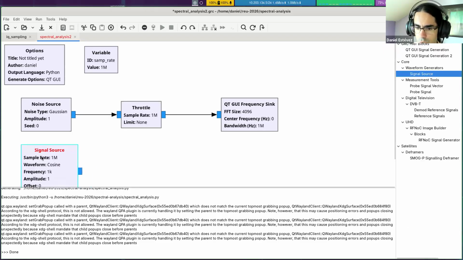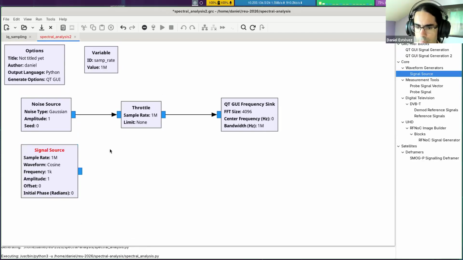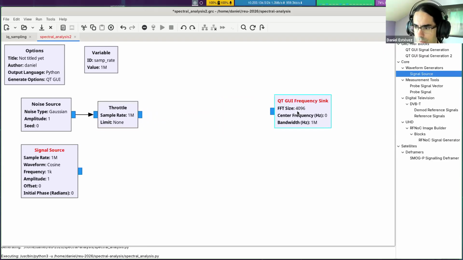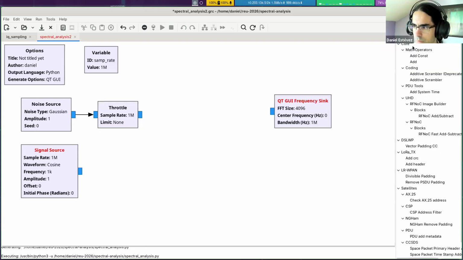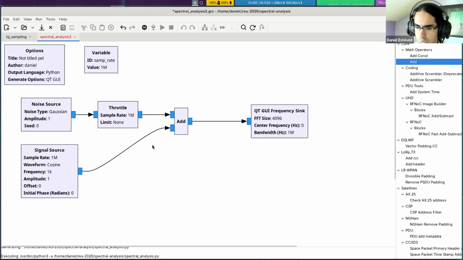We can use the signal source, and I'm going to pull this down. We can use this cosine, and basically if I want to have the two of them, I can add them. And by doing so, I generate something which is a combination of the noise, which is intended to represent the noise floor of my receiver, plus the signal, which might be something that something is transmitting.